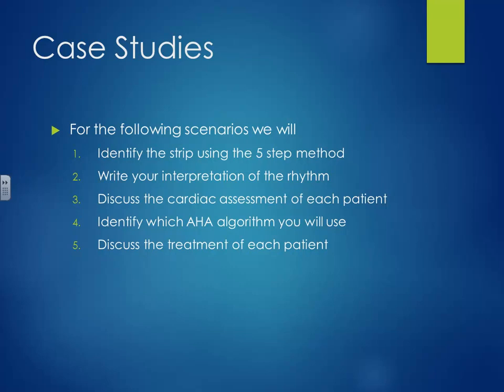I want you to write out your treatment, your interpretation of the strip, and what algorithm you're going to use. And then write out the treatment and other assessment things that you may want. All right?